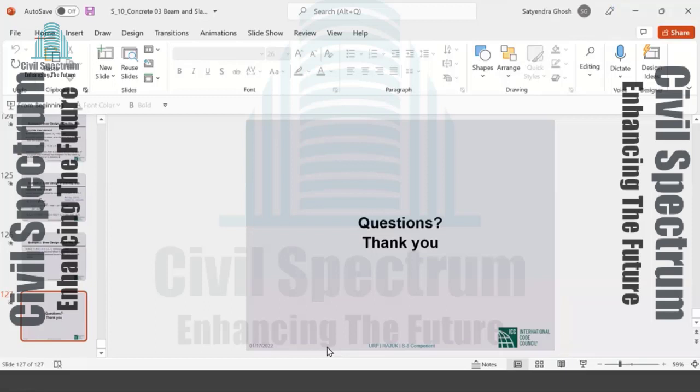A slab supported directly on columns, as we call it a flat plate, transfers 100% of the load applied on the slab in each orthogonal direction. That's a discussion for another day, and that day will come, I think, in a week or so.